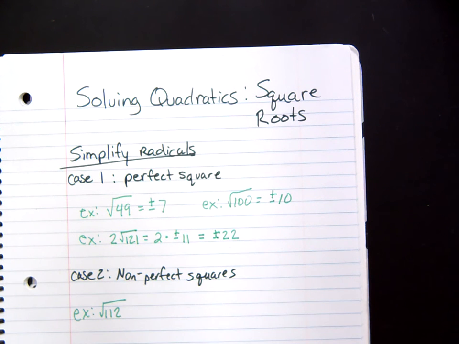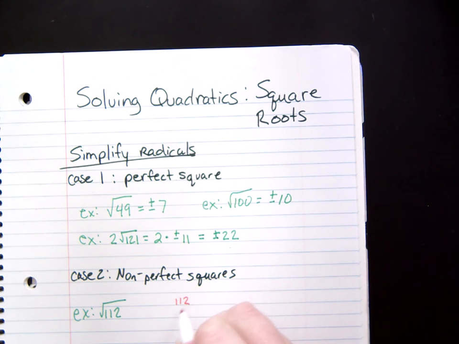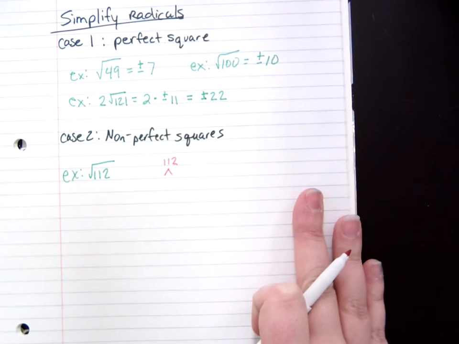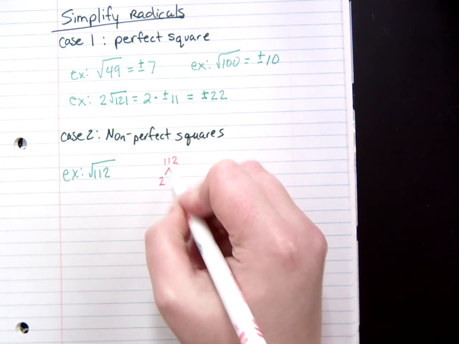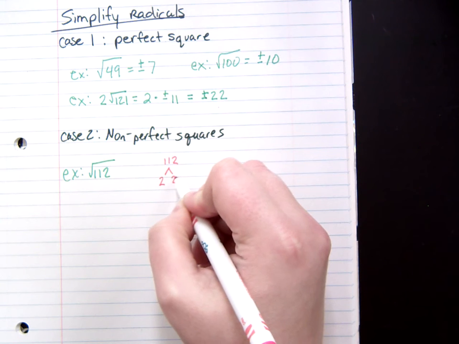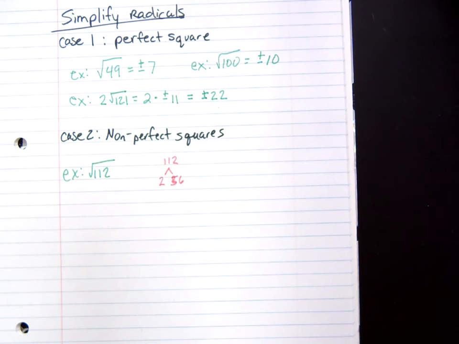What you're going to do is break it down into numbers that will multiply to be 112. If you're not sure, there are little tricks that can help you out. For one thing, if it's even, it's divisible by 2. So if I divide by 2, I get 2 and 56.